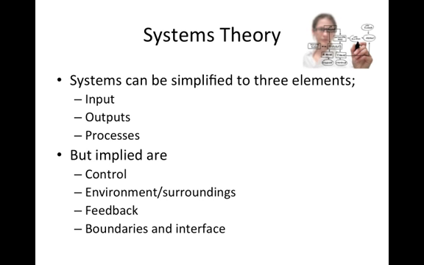In a computer system, we think of those things as edits, or we think of those things as errors. If somebody puts the wrong input in, it's going to cause an unsatisfactory processing step. So we want to make sure that we know that there are more things than just input, outputs, and processes. There are also boundaries and interfaces. So where does one system end and the other begin? And what are the points of connection between different systems?